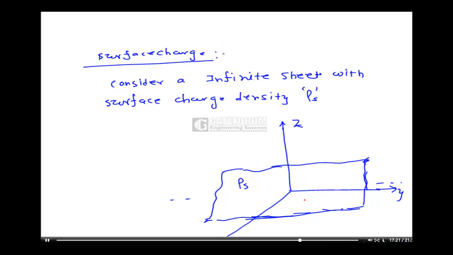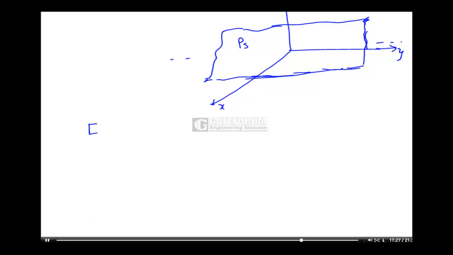So the electric field E due to this rho s at any point is given by rho s by 2 epsilon naught a n cap.